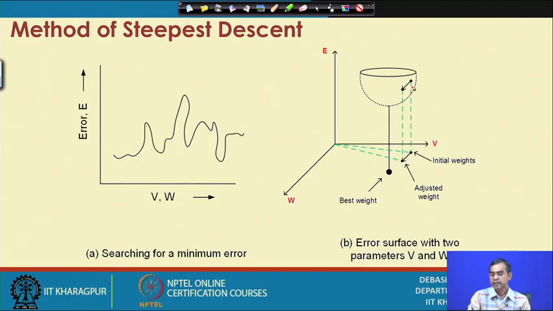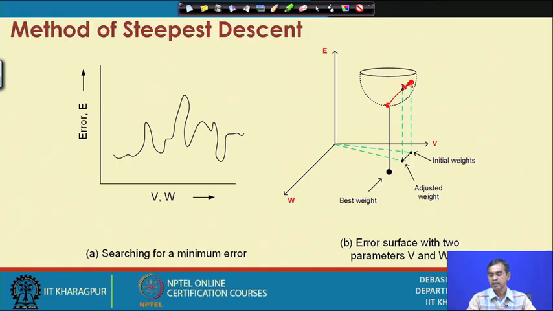Now, at any instant, if the neural network parameters are represented by this point, then we have to find the next modification, so that this modification will go towards this minimum value. But it cannot go from this to this one in one step; rather, it is a small incremental step.